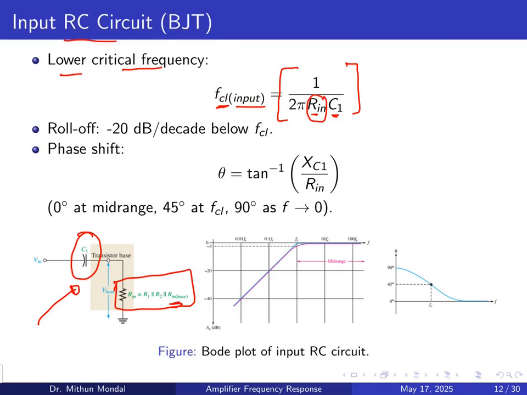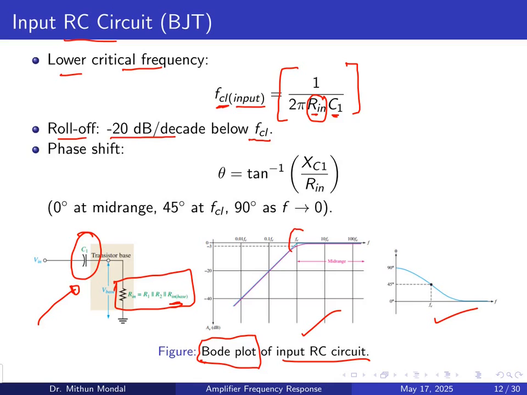If we draw the Bode plot, that is the frequency response of the input RC circuit, this is the magnitude plot and this is the phase plot. We get the response as a roll-off of minus 20 decibel per decade below the fCL value.